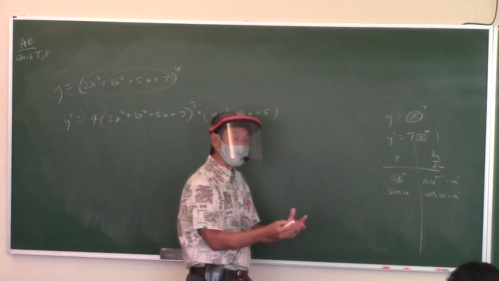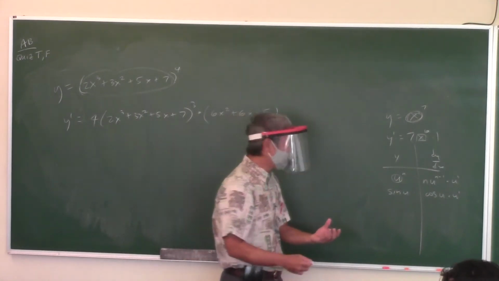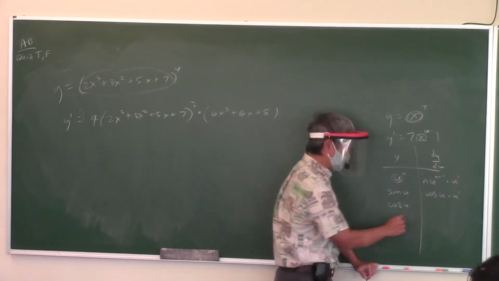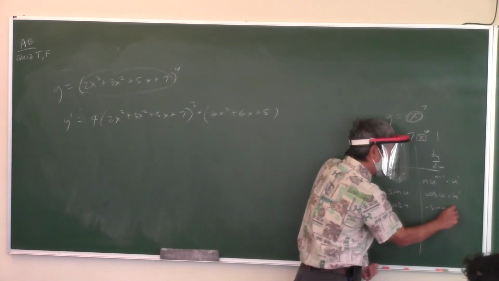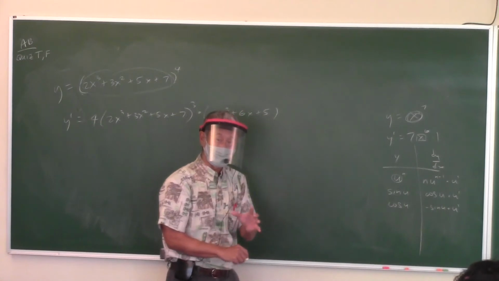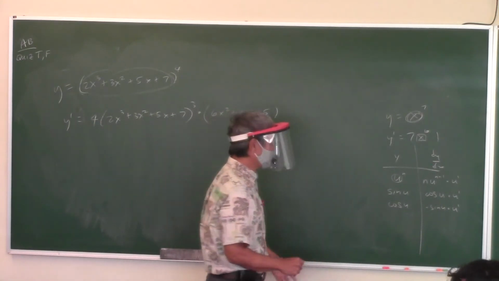That's the chain rule. So all the rules that we learned, you got to multiply by the derivative of box. What about cosine box? Is it just negative sine box? No, you got to multiply by the derivative of the box. That's the chain rule. You guys get it? Every single formula we learned, that's what you're going to have to do.